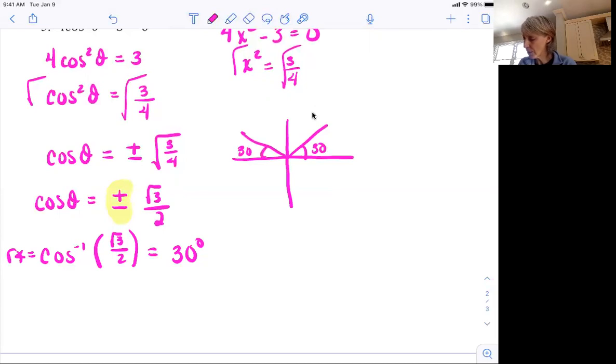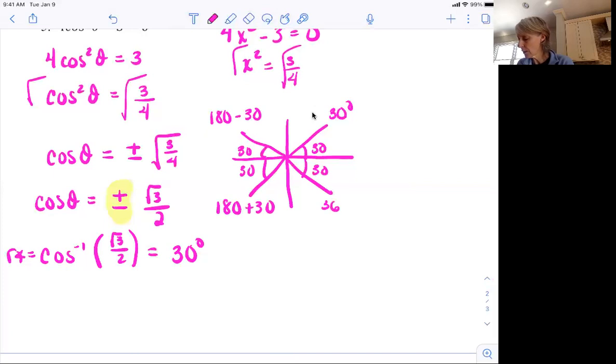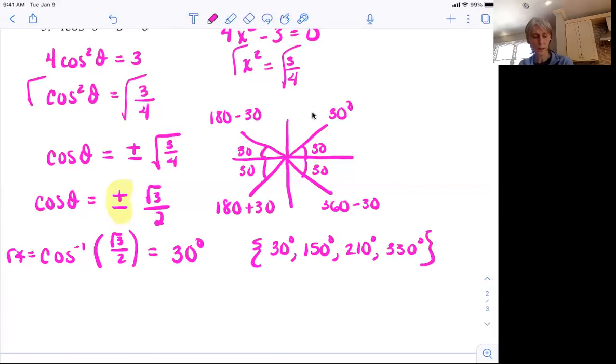We want the angle of 30 degrees in all 4 quadrants. 30, 180 minus 30, 180 plus 30, 360 minus 30. So our solution set is going to be 30, 150, 210, and 330.